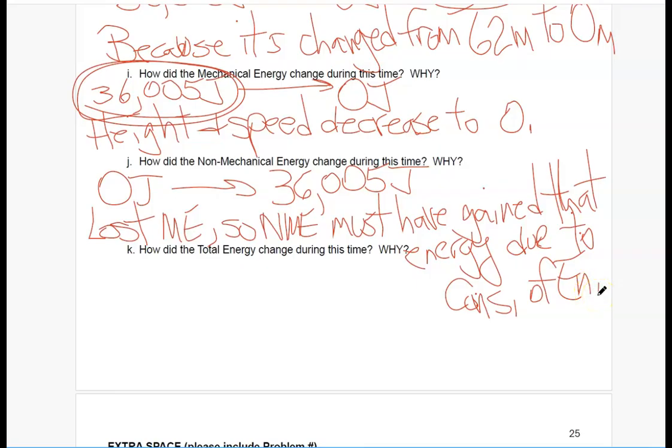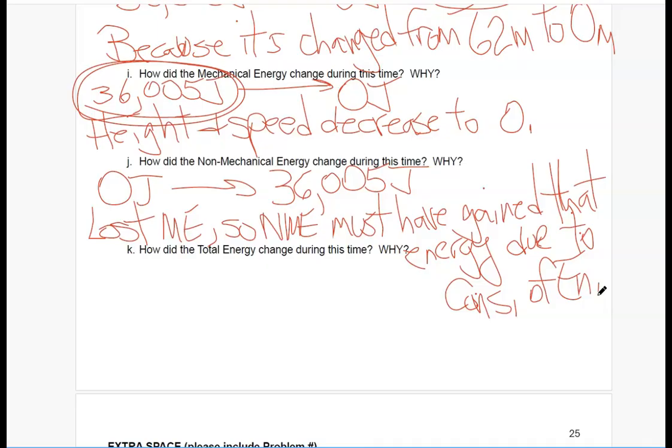How did the total energy change? Well, the system includes everything in this case, so the total energy isn't lost. We lost mechanical energy, we gained non-mechanical energy, but if you add them up, before you start, everything's in the form of mechanical energy, and when you end up, almost everything's in the form of non-mechanical energy.